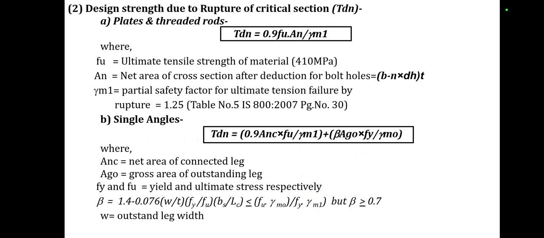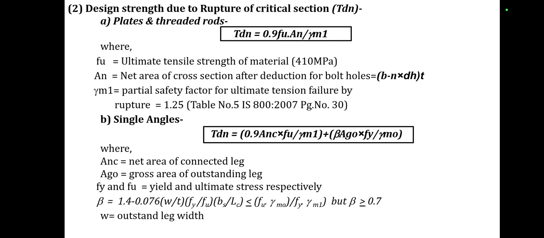Here beta is calculated by the formula 1.4 minus 0.076 into w by t into Fy by Fu into bs upon Lc, and this is less than Fu into gamma m0 divided by Fy into gamma m1, but the value of beta should be greater than or equal to 0.7.